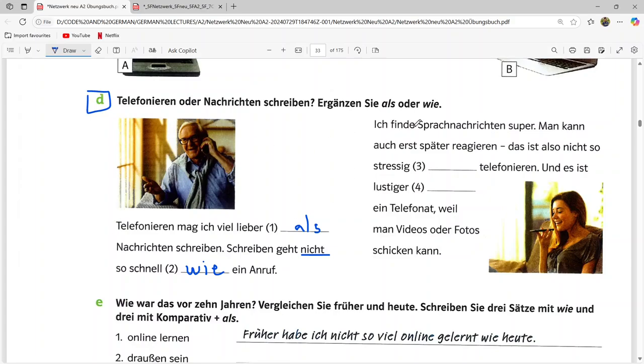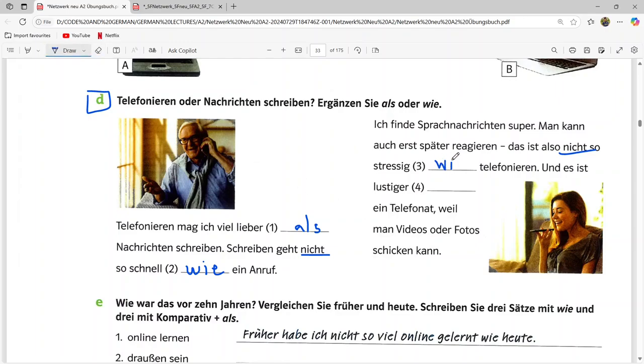Next one. Ich finde Sprachnachrichten super. So I find voice messages great. Man kann auch erst später reagieren. So one can react later. Das ist also nicht so stressig wie telefonieren. That is also not so stressful as telephoning. So here, because nicht is used, we have to use wie.